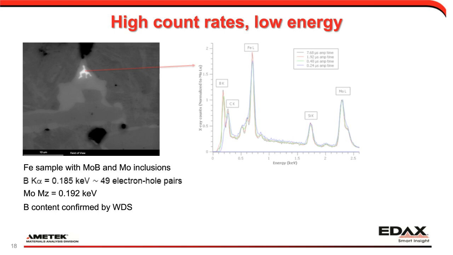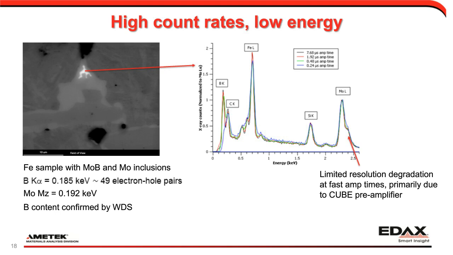If I collect a spectrum at different amp times from this high moly boride inclusion, the bright part in the backscatter image, we see here the different amp times: 7.68 microseconds, 1.92, 0.48, and 0.24. One thing to note is you have some resolution degradation at the fast amp times.